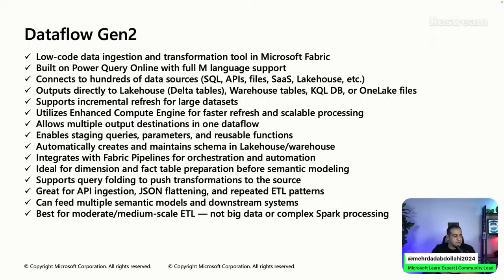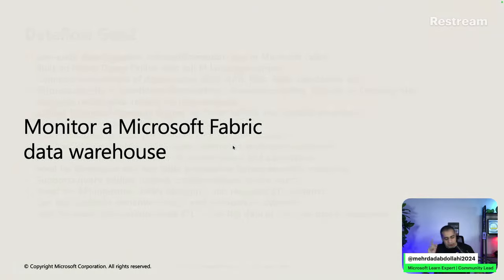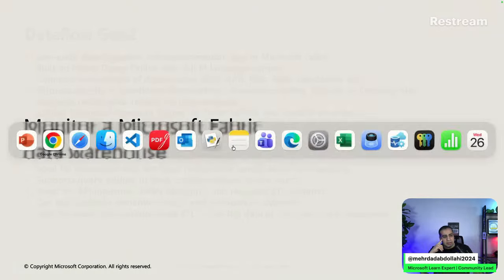It is best for moderate, medium scale ETL, but not big data or complex workloads like I mentioned. Maybe it is better to consider other options. So let's have a look at that in the portal.